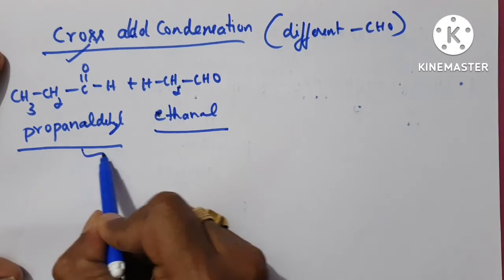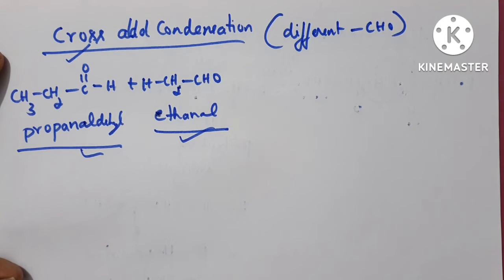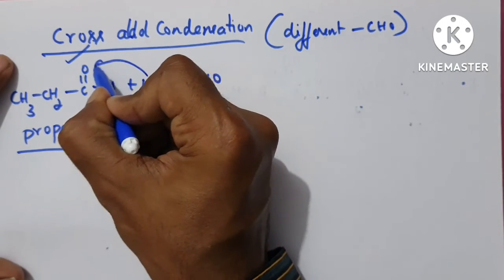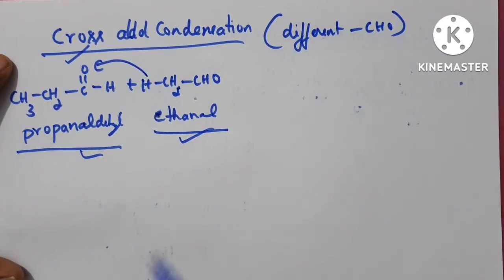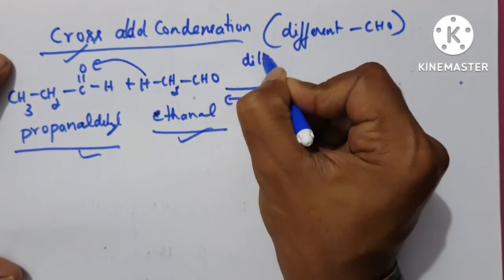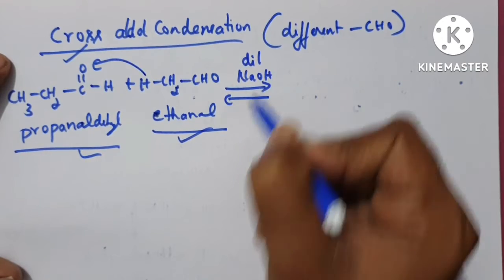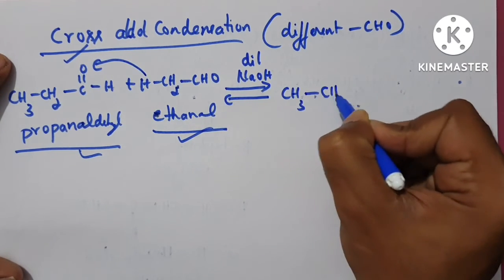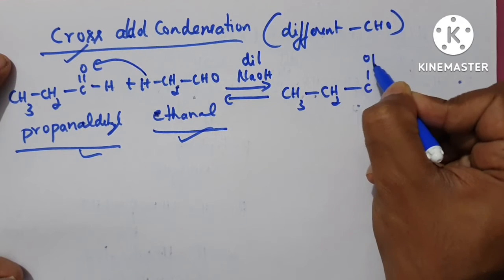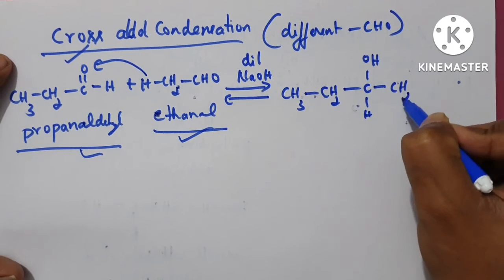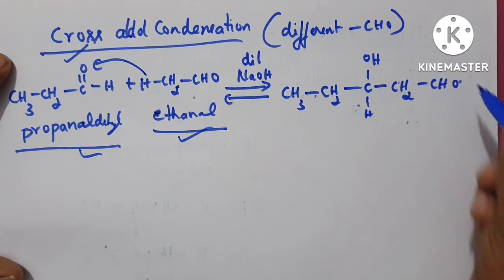So here I have taken two different aldehydes, and here also if you observe, this hydrogen atom will attach to this oxygen. Now there is a formation of an intermediate compound, and this takes place in the presence of a dilute NaOH. And now you can observe here CH3 CH2, here it is H, H and CH2 CHO.